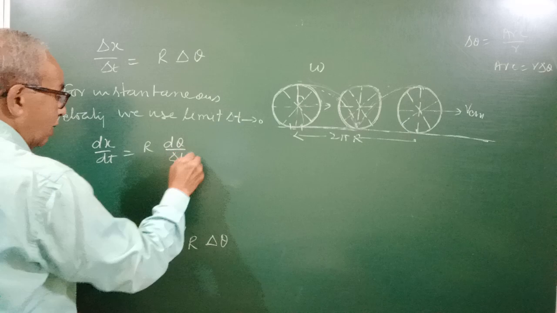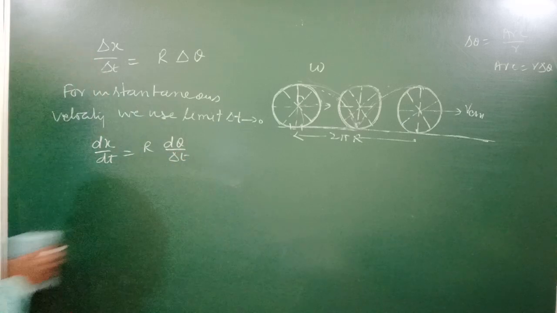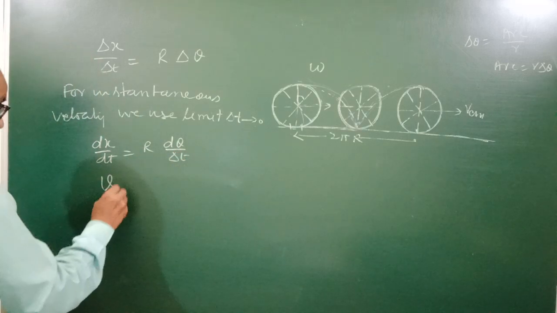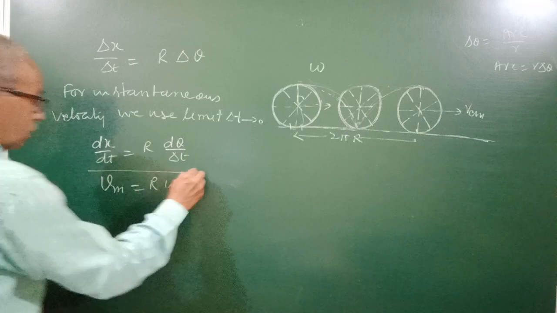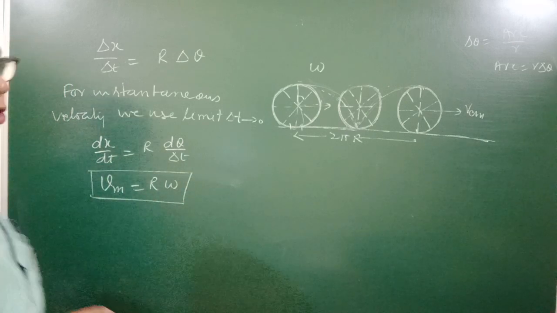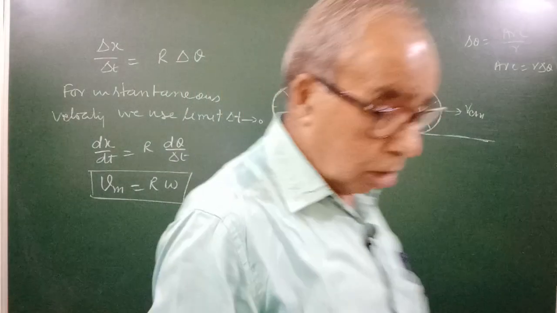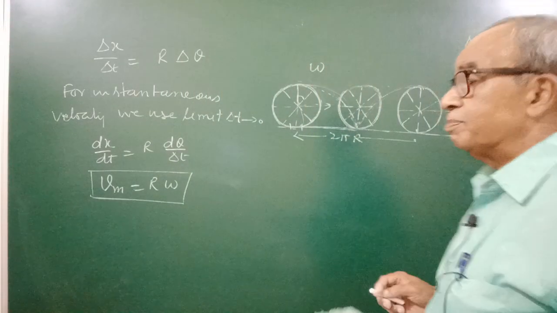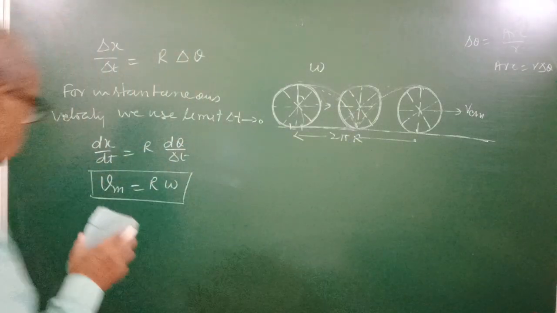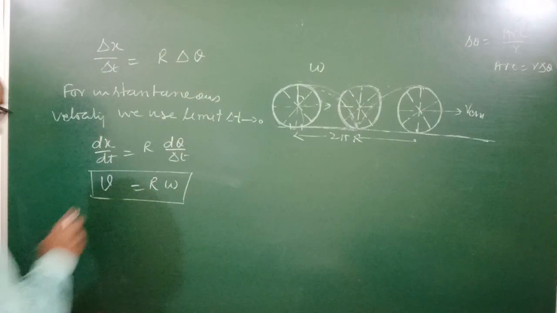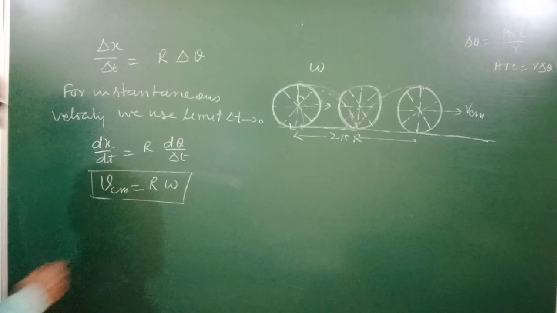I have explained many times why this is there. So v equal to vcm equal to r omega. What is r? Radius of the wheel. Omega is the angular speed of rotation. So vcm equal to r omega.